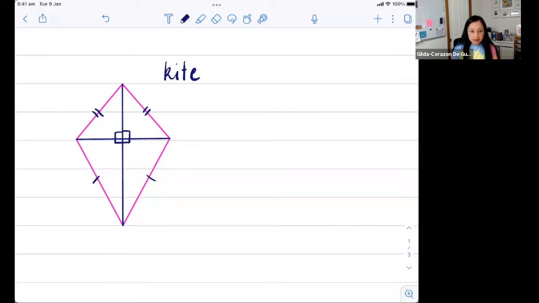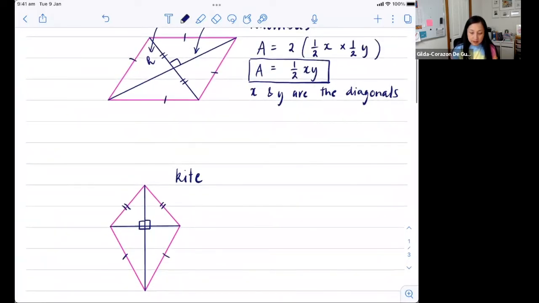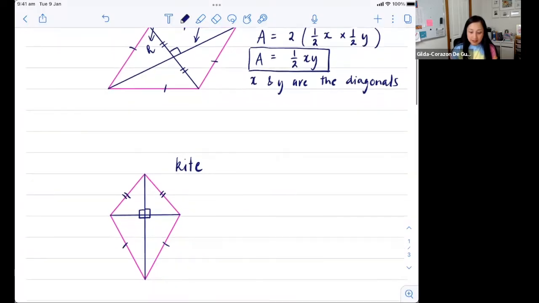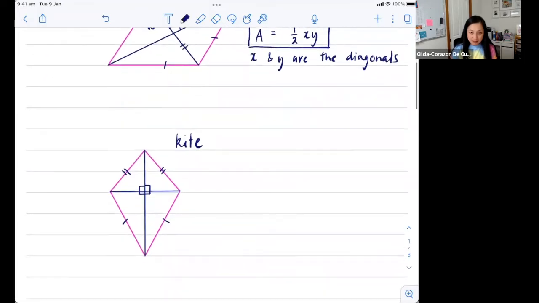And what else? You could probably have a look at the one we did a while ago with the rhombus, where we found two triangles of equal areas, and we thought that was an efficient way to figure out the area of the rhombus. So the same thing with kites.